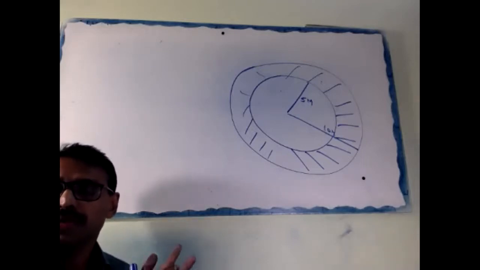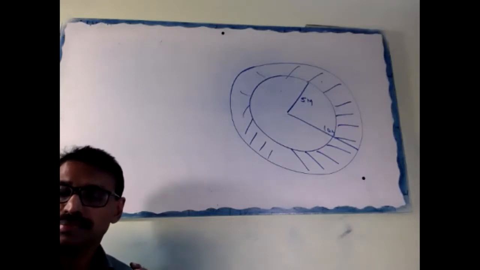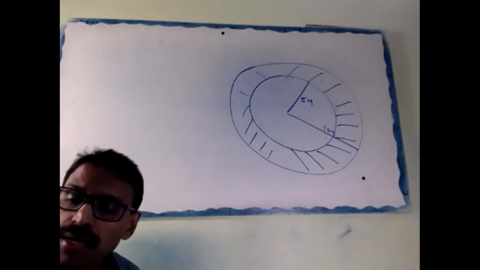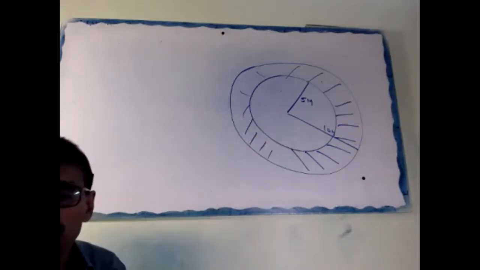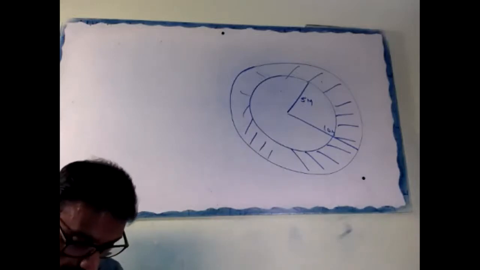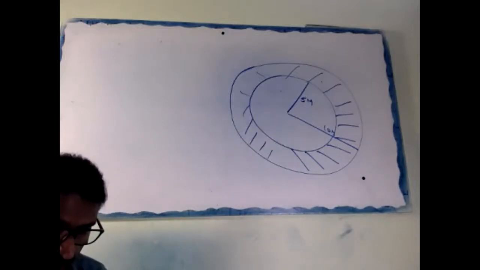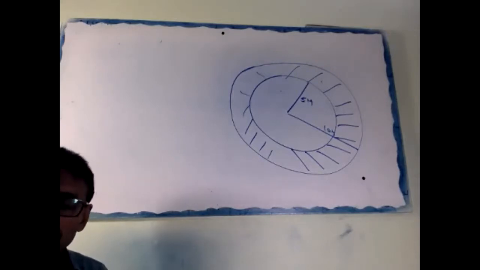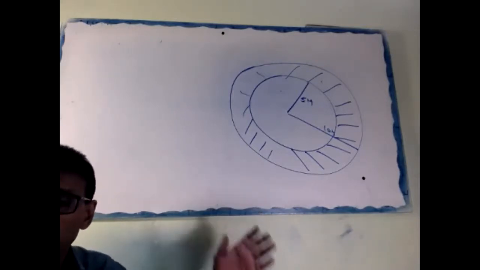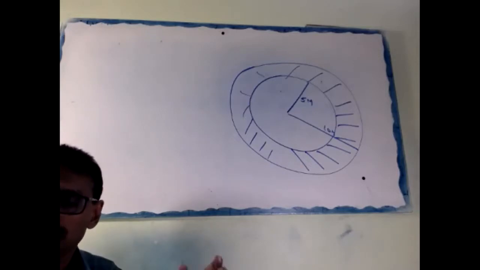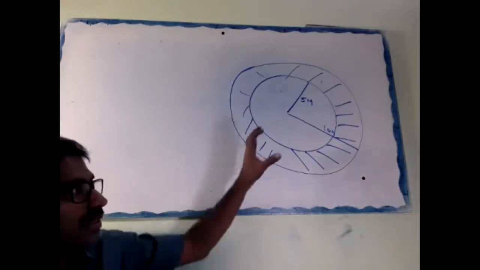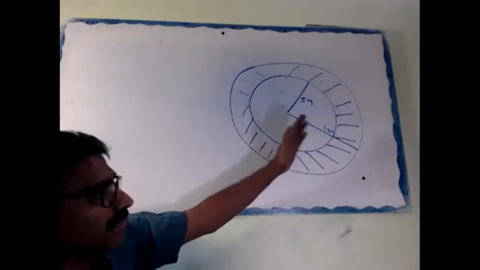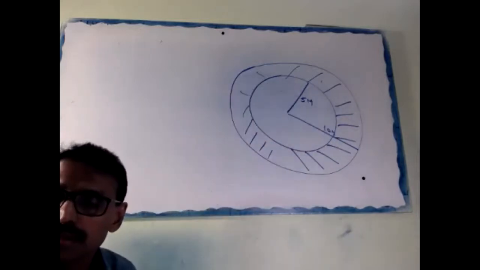Okay, come on. Listen here. The volume of earth dug out is equal to the volume of earth on the embankment. Correct or not? Earth taken from here and kept all around it.